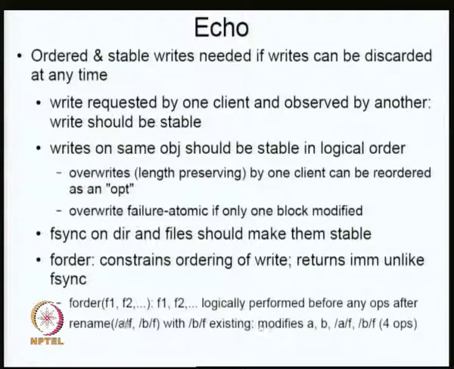Now the reason why this is important is that consider, for example, a rename operation. Rename is a fairly complex operation for a file system to handle, because what are we doing when we rename? This is the source and this is the target, and basically what we are saying is that I am going to graft this tree at this place. That means a whole tree is getting moved from one place to another.